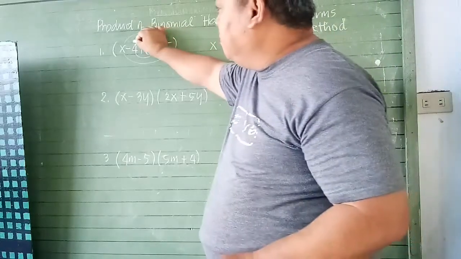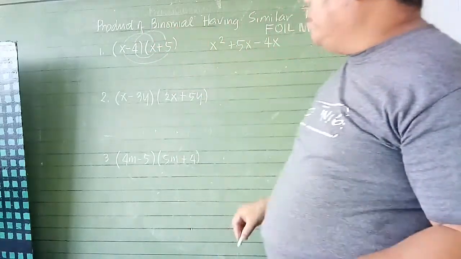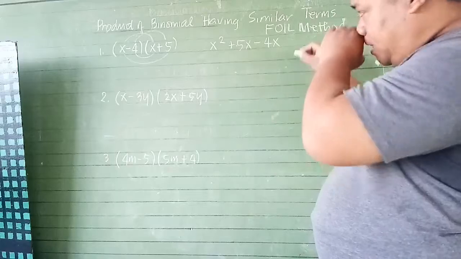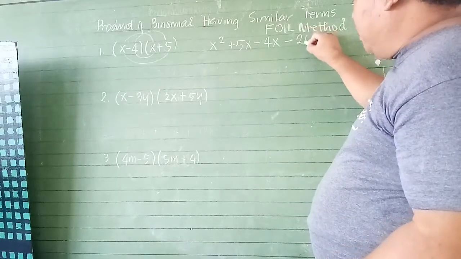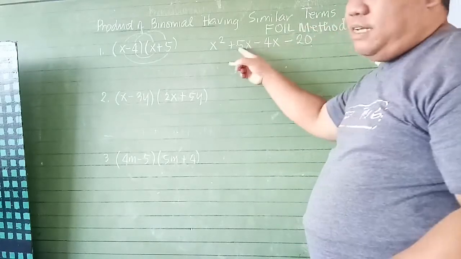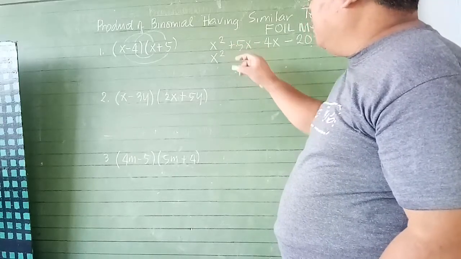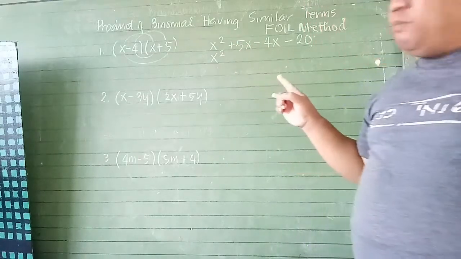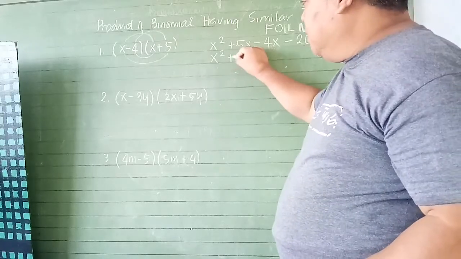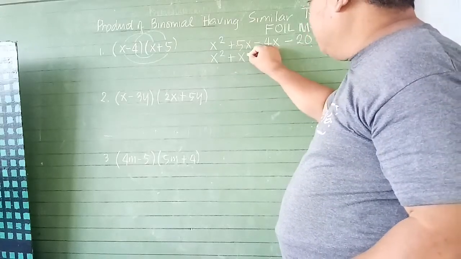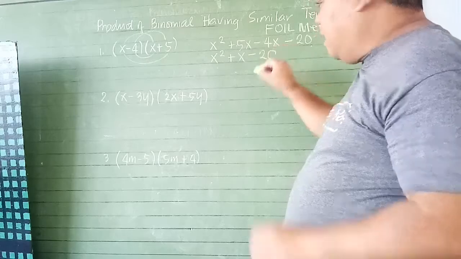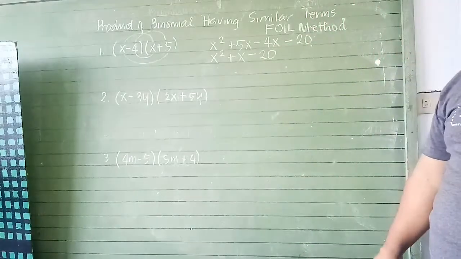And the last term, it's negative 4 times 5, that is negative 20. So you add this one, kasi this is the like term. So it's x squared, then 5x minus 4x, that is x, then minus 20. So that will be your product.